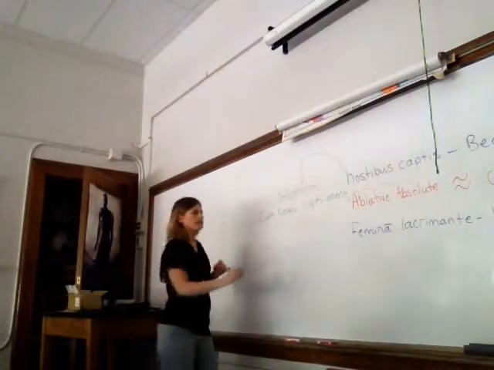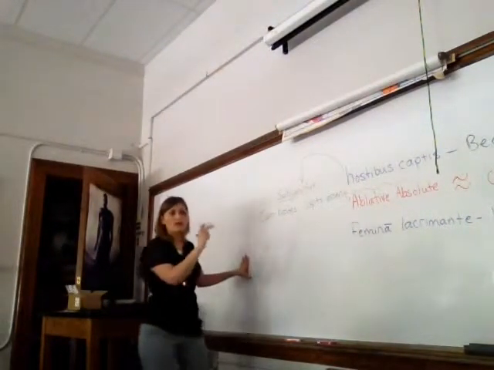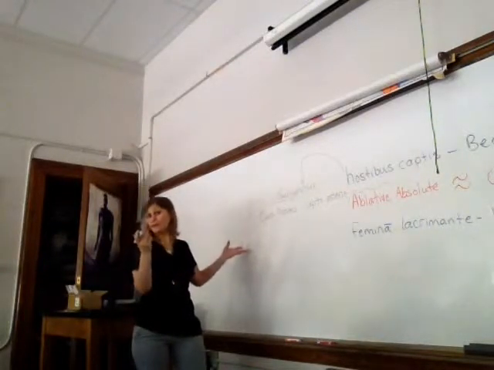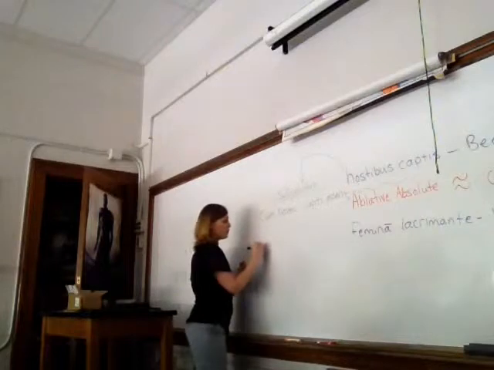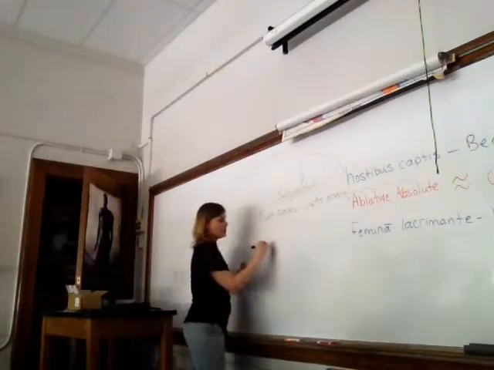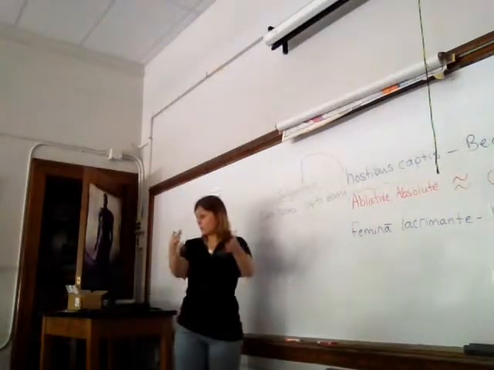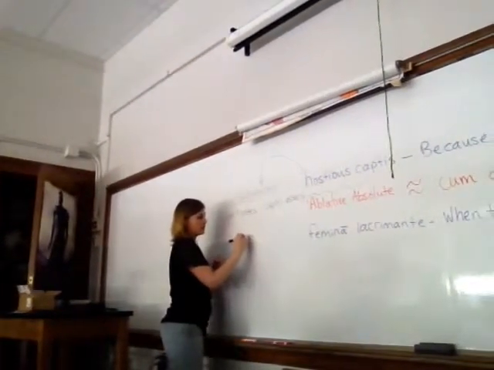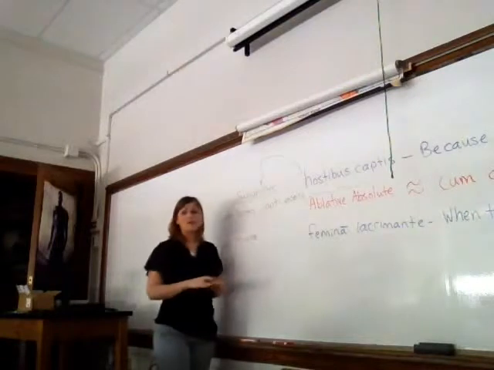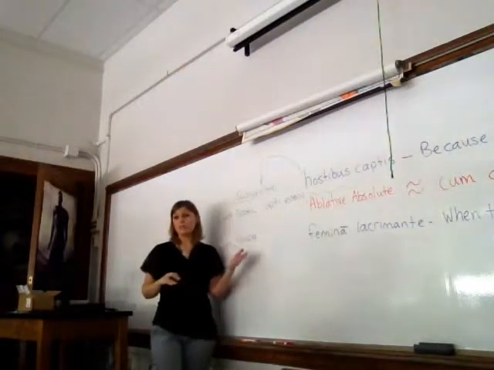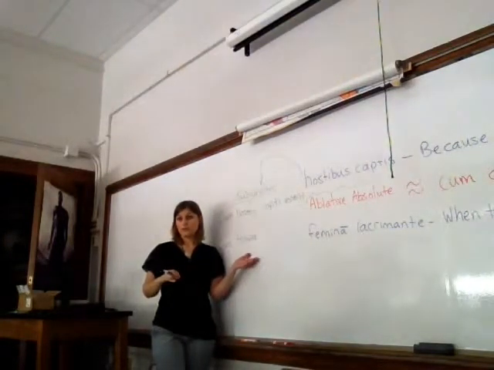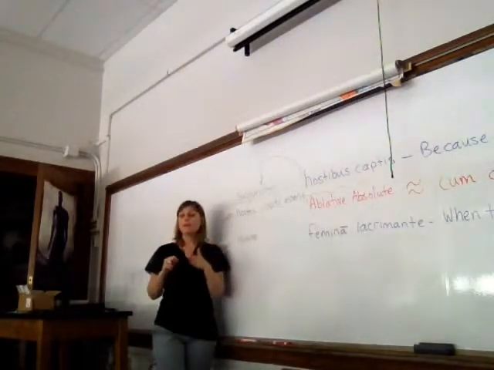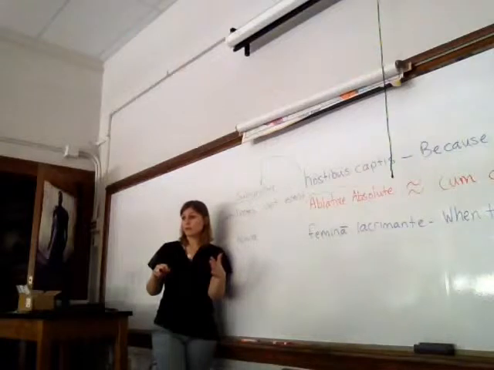What about femina lacrimante? When the woman was crying, how can we write that? What do we start with? Cum. The woman is now the subject of our phrase because subjunctive verbs have subjects. Femina. And then how do we say was crying? What tense is that? Imperfect, and it is a first conjugation. So how do we form imperfect subjunctive?